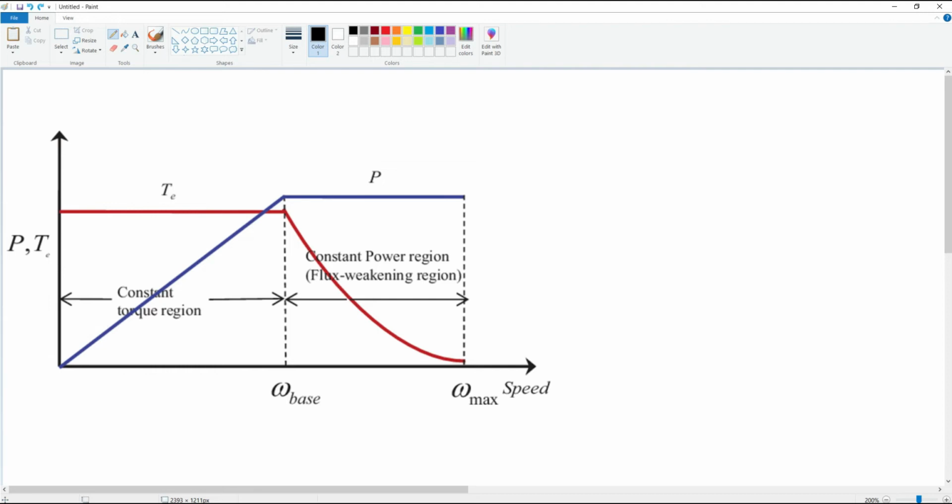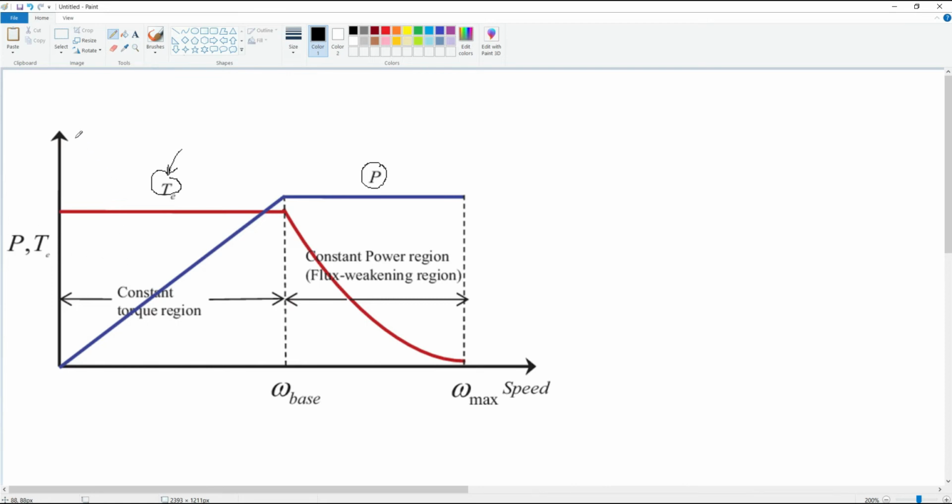So there are a few terms which we need to be careful about. First one is T_E or T_P. This is known as peak torque. Then this is power. This line represents peak power. In this graph, x-axis is RPM, y-axis is torque or power.